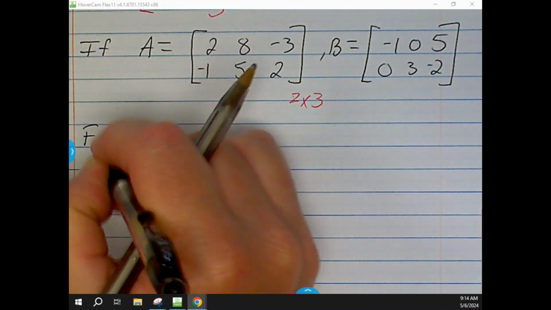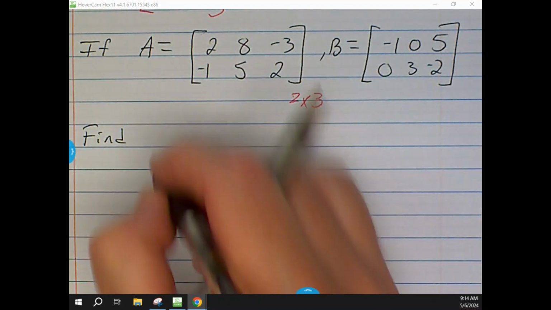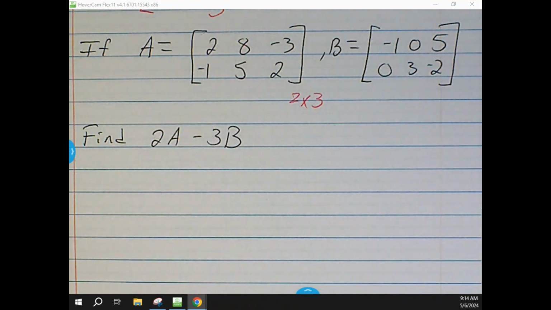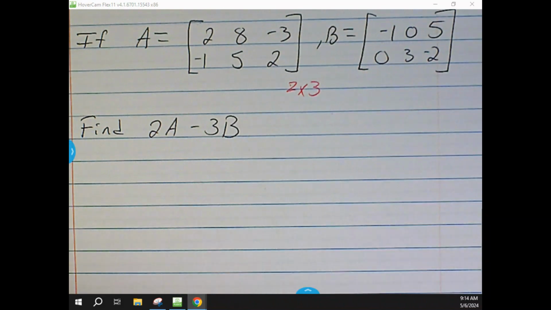Usually, if it's still doing scalars, they're going to ask you to find 2A minus 3B, or some variation of that. So they're taking the scalar part and then combining it with addition and subtraction. It's still addition or subtraction. It's just mixed in with the scalar multiplication.